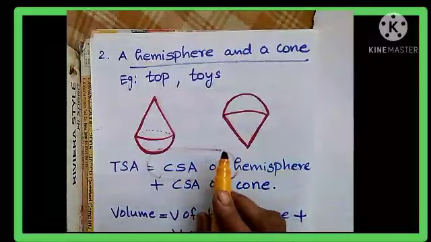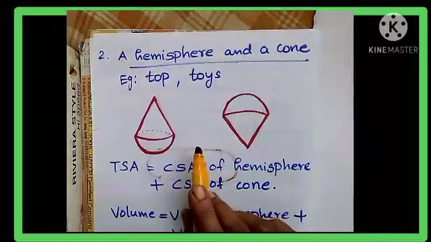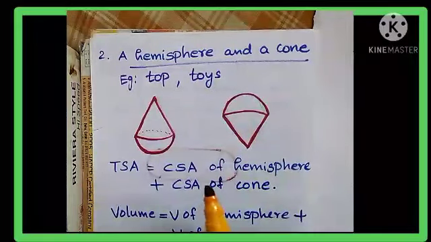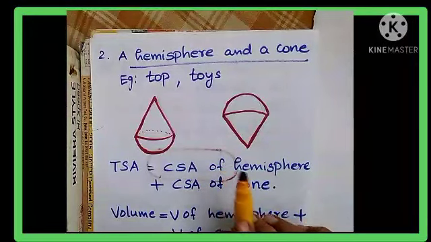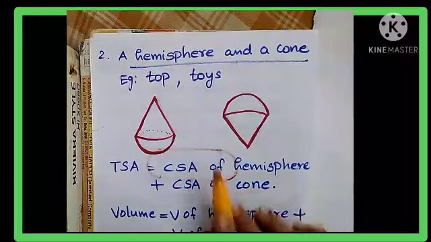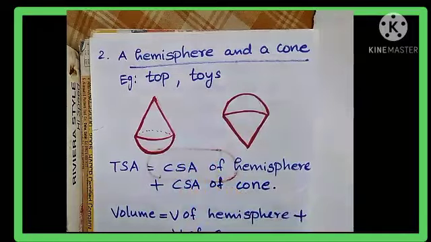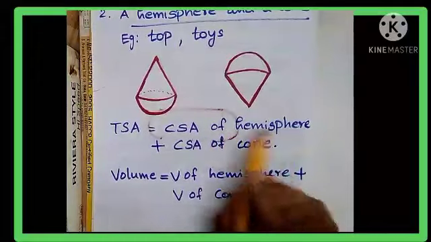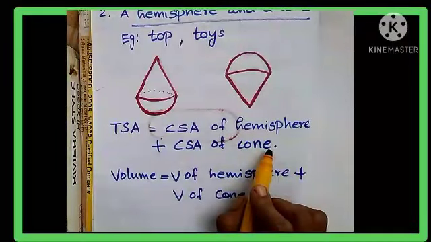So we need not paint there. So for finding the total surface area, we need to think of painting that solid. How much portion is seen outside, that much area only we need to paint. So that we can find very easily. That is, TSA equals CSA of the hemisphere plus CSA of the cone.